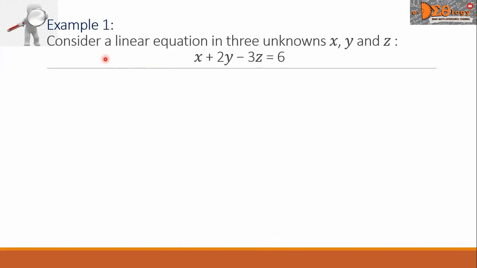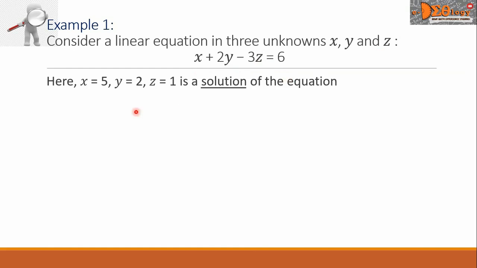Example 1. Consider a linear equation in three unknowns x, y, and z. We have here x plus 2y minus 3z equals 6. Here, x equals 5, y equals 2, z equals 1 is a solution of the equation, because if we substitute these values in our equation, it will satisfy the equation.